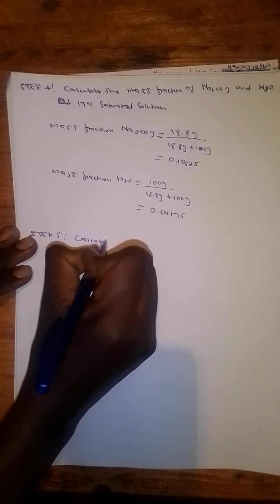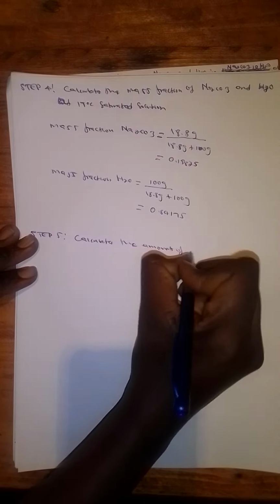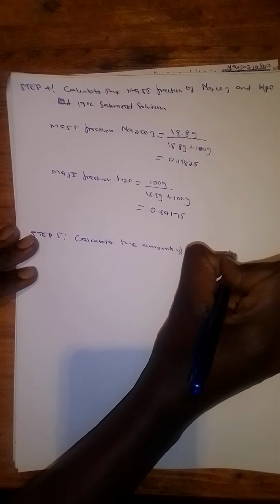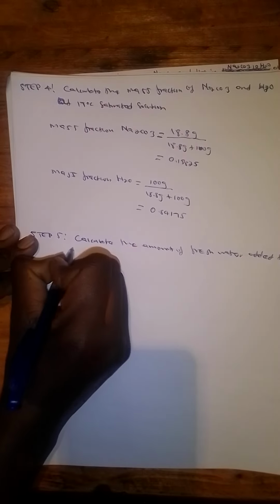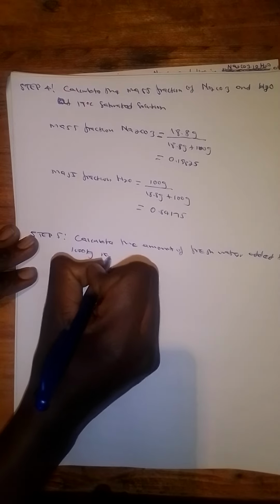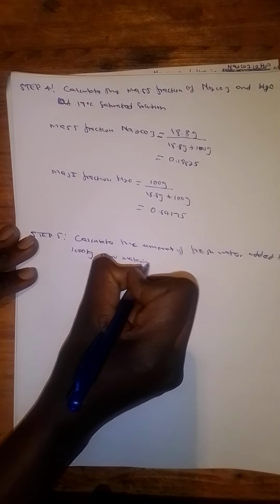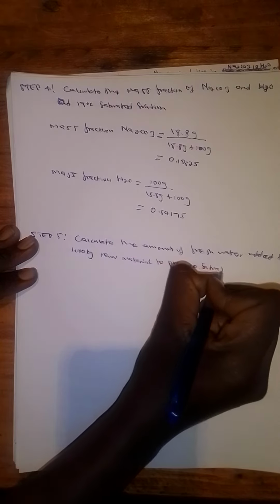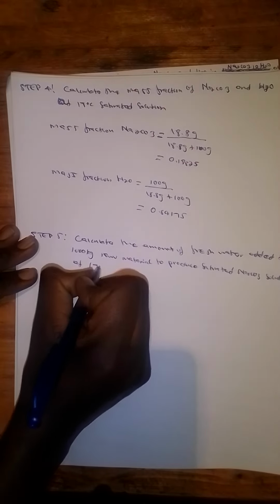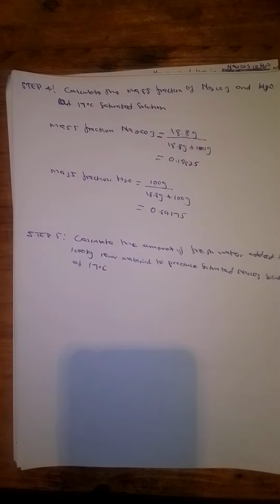We say calculate the amount of fresh water added to 1000 kilograms raw material to produce saturated Na2CO3 solution at 17 degrees Celsius. So that is actually the approach.